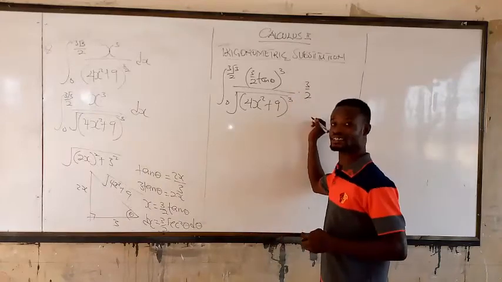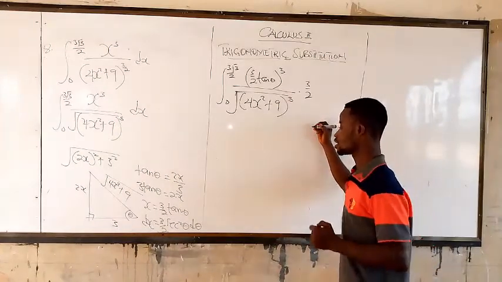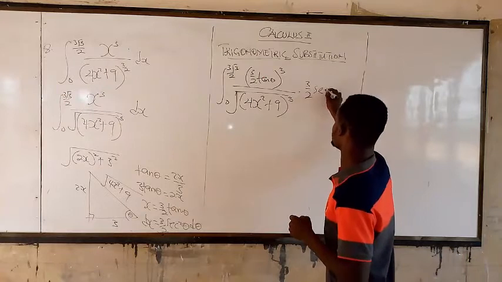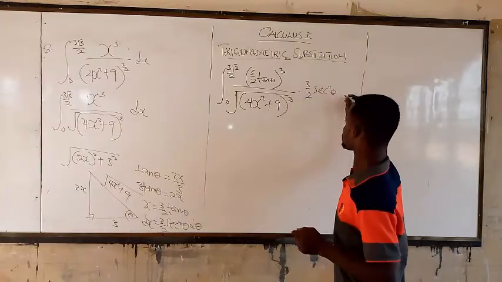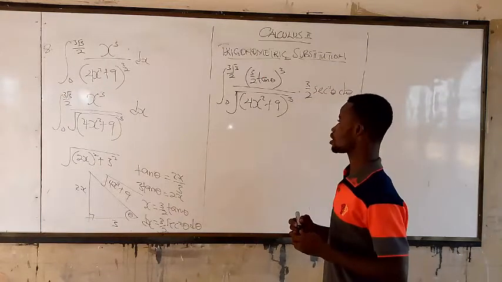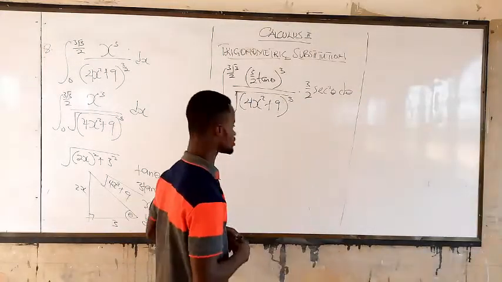Solving a question like this, you need to take your time, alright? You need to take your time. If not, you commit simple errors. And there is no error that is easy like that.